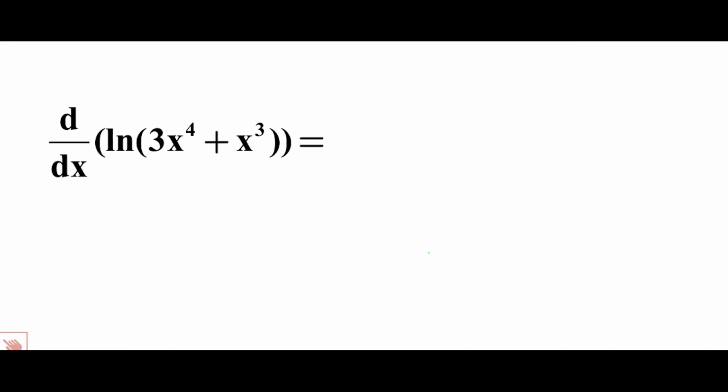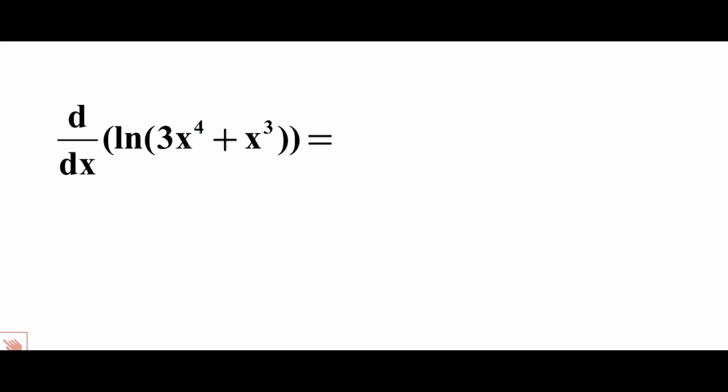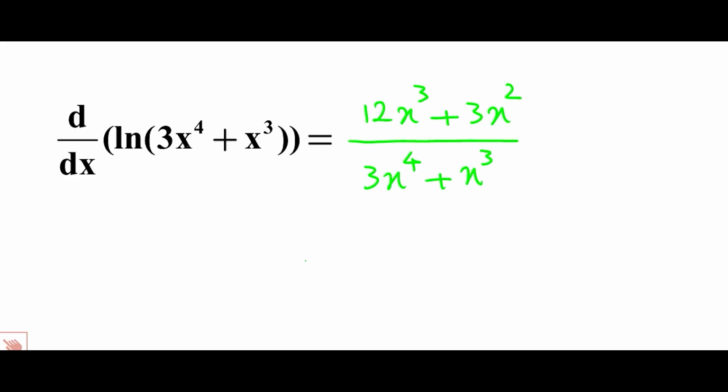Or the derivative of ln of 3x to the 4th power plus x cubed is equal to, the derivative of 3x to the power of 4 is 12x cubed plus the derivative of x cubed is 3x squared, over 3x to the power of 4 plus x cubed.